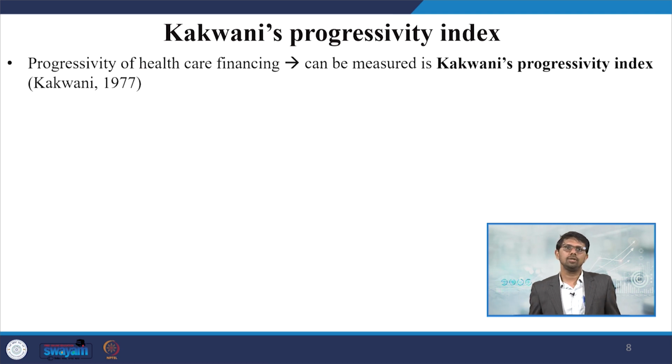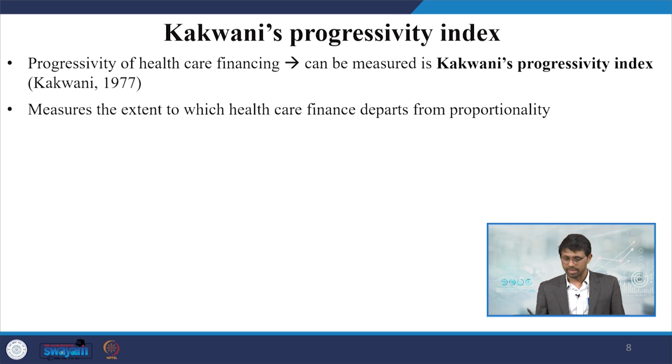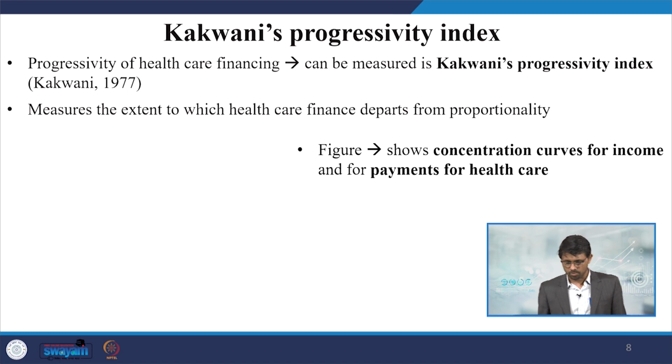So, progressivity of healthcare financing can be measured through the Kakwani's progressivity index, as mentioned in a 1977 paper. This measures the extent to which healthcare finance departs from proportionality, and therefore we say their percentage is rising as against income.